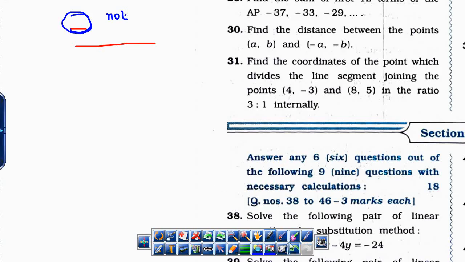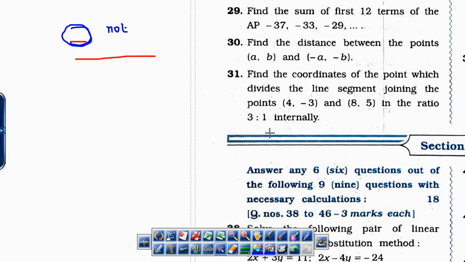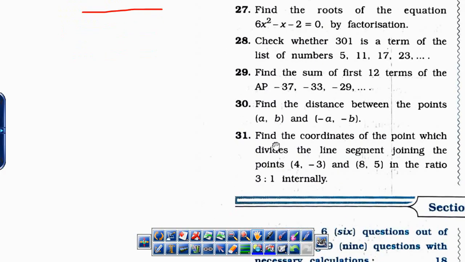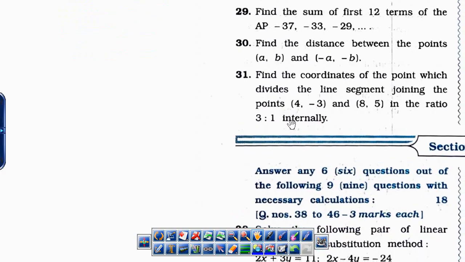And next sum number 29. Find the sum of first 12 terms of the AP. Sum of first 12 terms. A is minus 37.